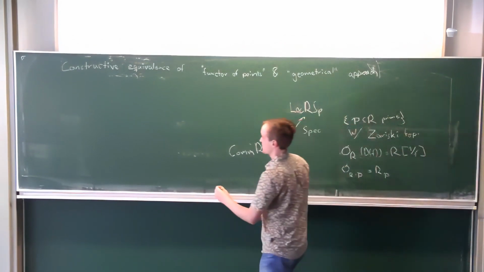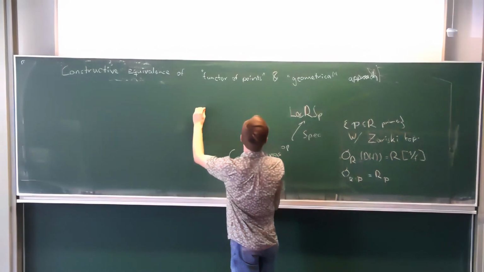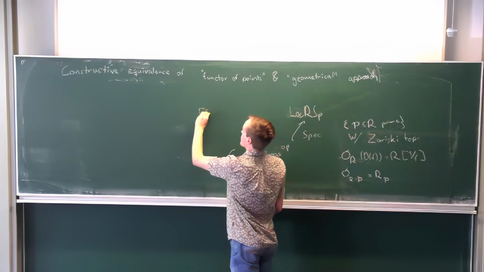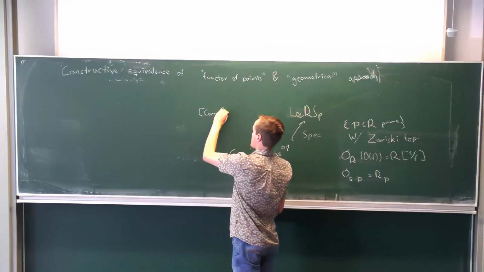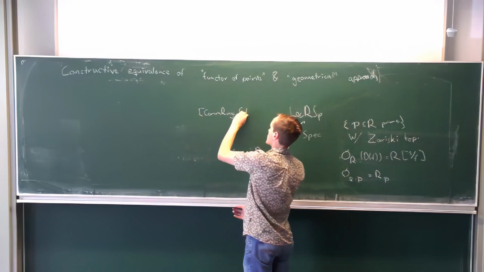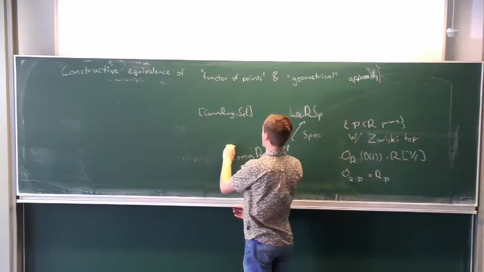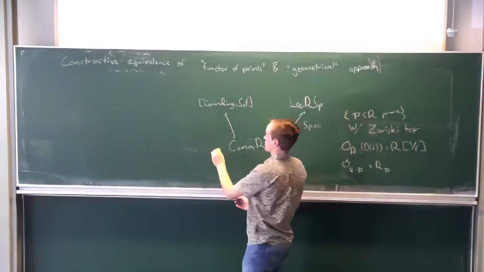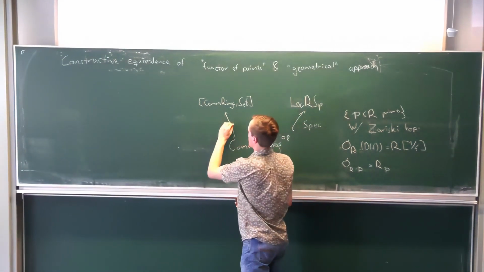On the other hand, if you do this functor of points approach, you look at functors from commutative rings, and then the fully faithful embedding here is just Yoneda.